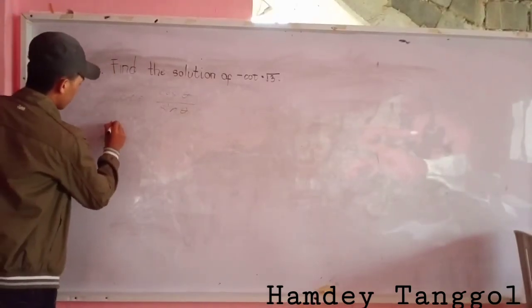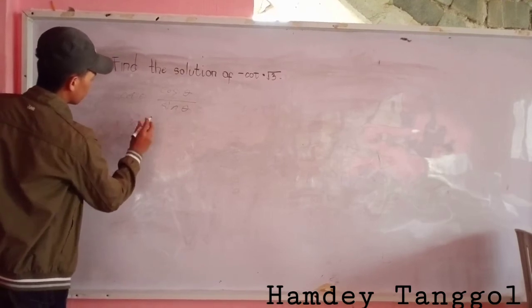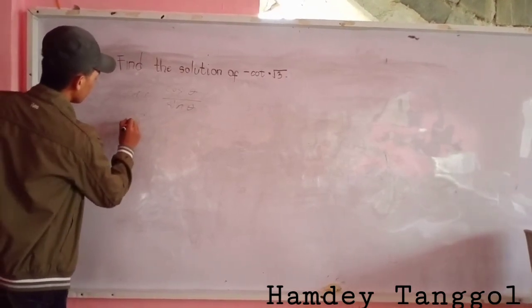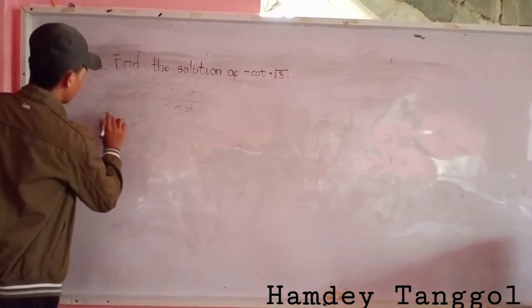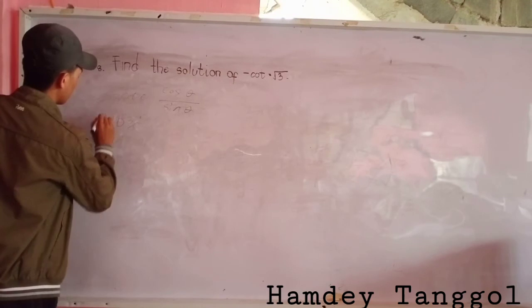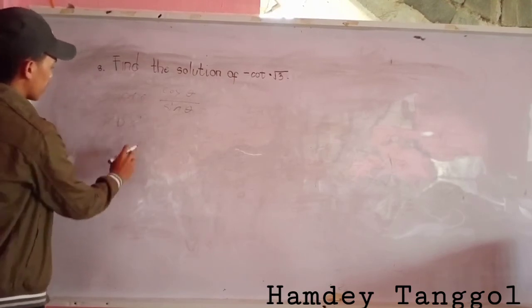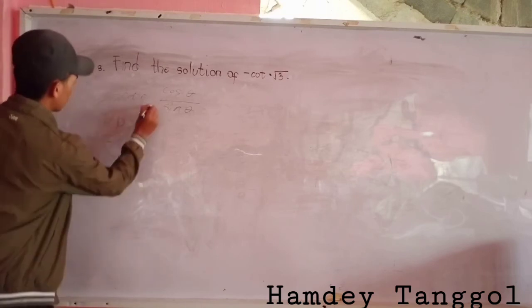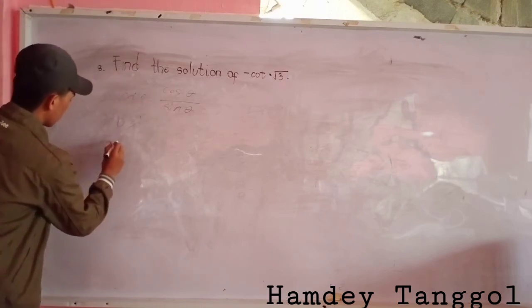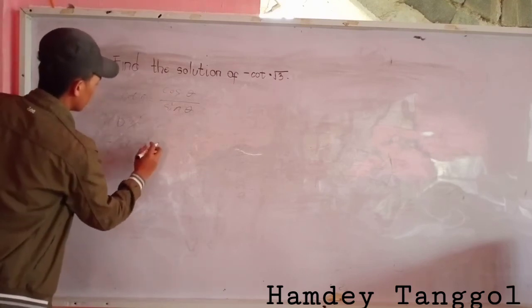So, if the theta is 30 degrees, we substitute the 30 for theta.